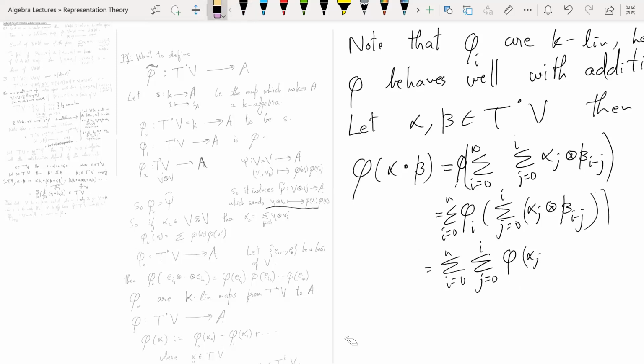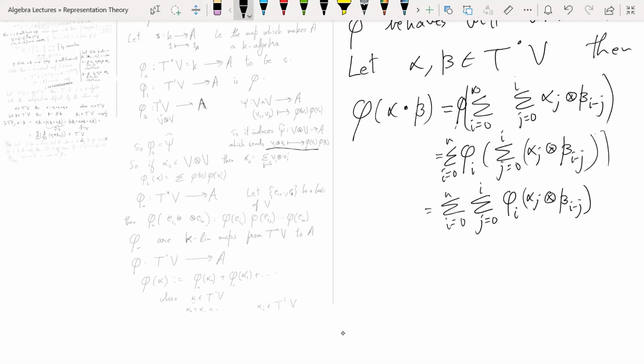I'll tell you. This will be easier to explain if I do it in two steps. Alpha j times beta I minus j. Now phi I of alpha j times beta I minus j. The way things are defined, alpha j is in T^j V, and so you can write it in terms of basis vectors, as some linear combination of these kind of guys, and beta I minus j, you can write it similarly in terms of other basis vectors, and you can verify.